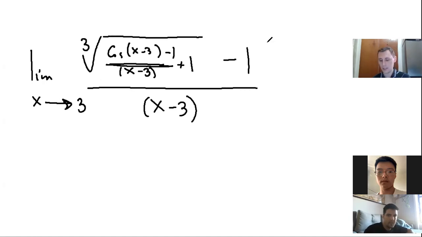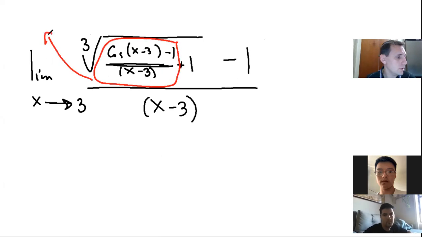That's why I said I gave you a very hard question. Not very hard, it's really about understanding what's happening here. This looks like the derivative of the cube root at 1. You realize that this expression, as scary as it is, approaches 0.